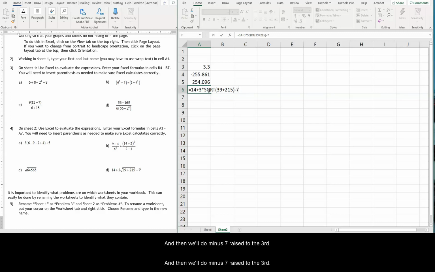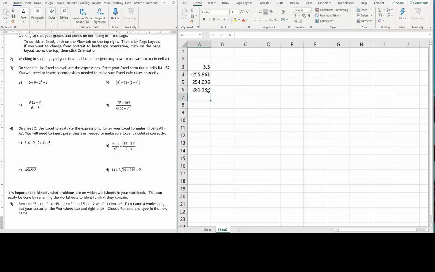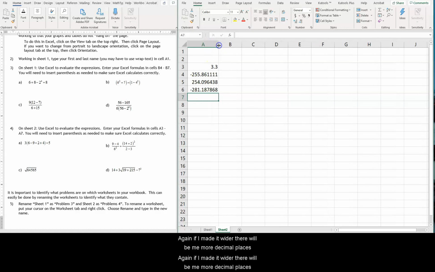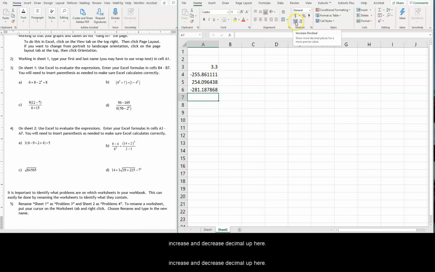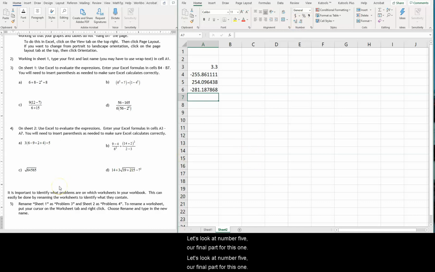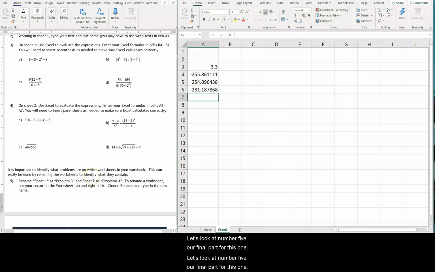And then we'll do minus 7 raised to the third. And enter. And we get negative 281, and the rest of that decimal there. Again, if I made it wider, it will give me more decimal places, or I can use the increase and decrease decimal up here.